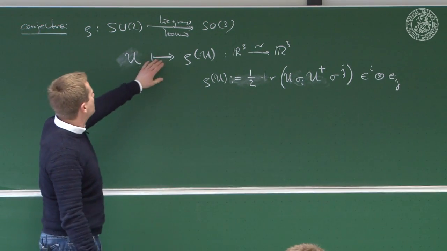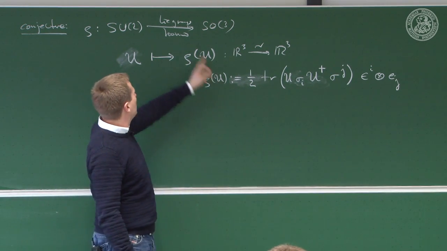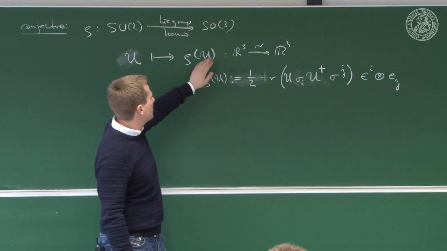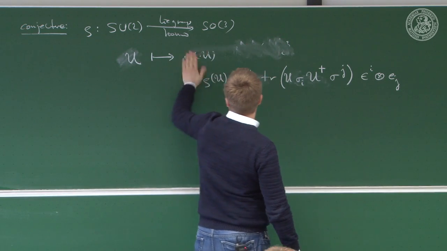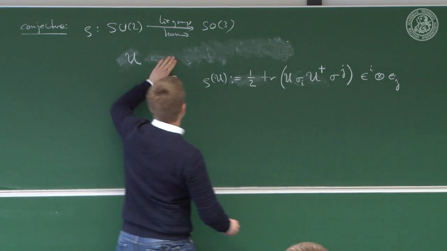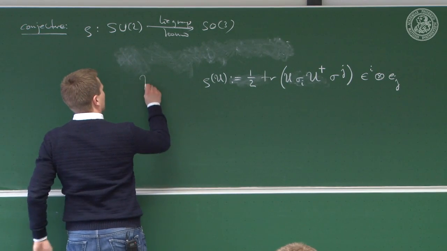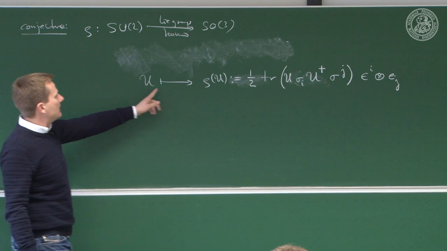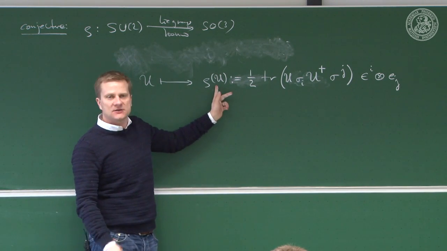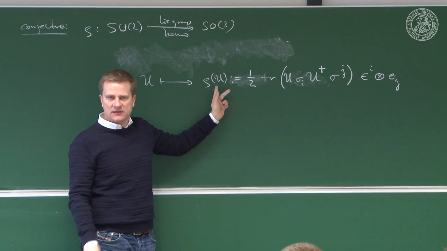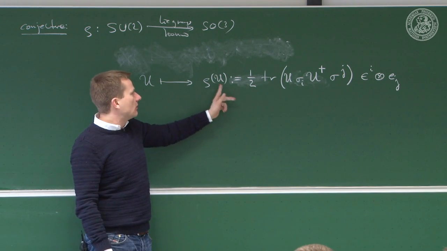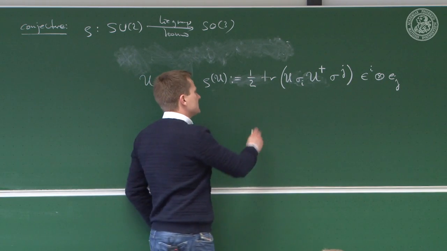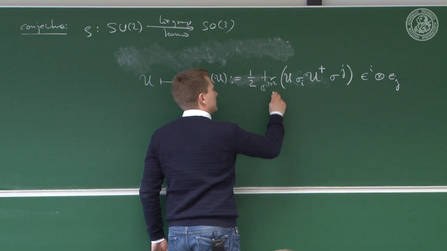So I associate with an SU2 matrix U an SO3 matrix. I claim it's an SO3 matrix. We have to show this. Rho of U is defined by 1/2 the trace, the trace over the complex 2x2 matrices.